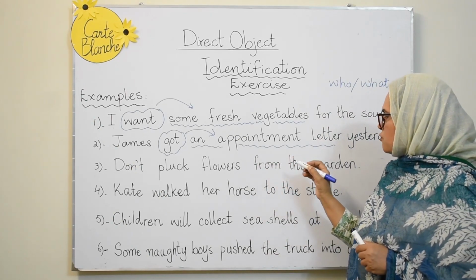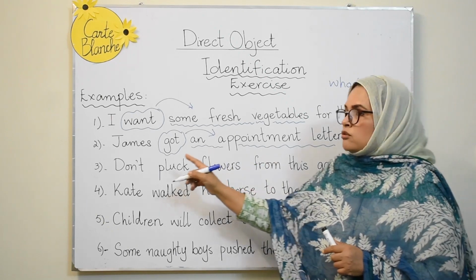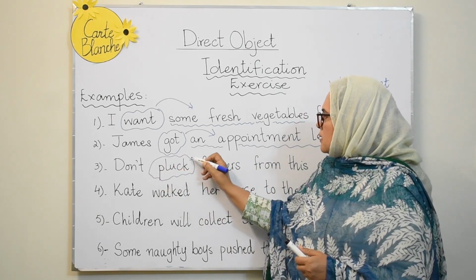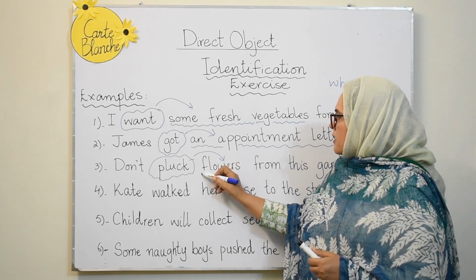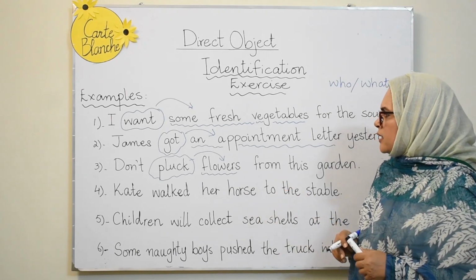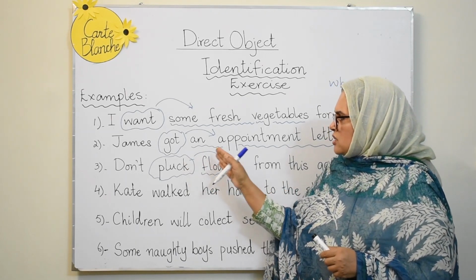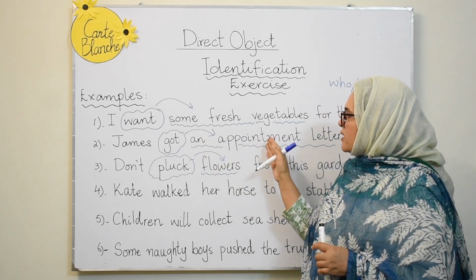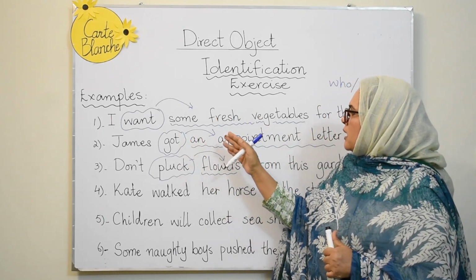Don't pluck flowers from this garden. Now, don't pluck what? Don't pluck flowers. So we have the direct object over here, because this is answering what is not to be plucked, and this is answering what James has got.